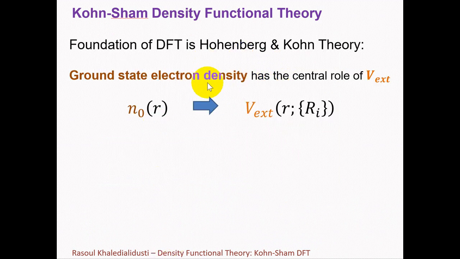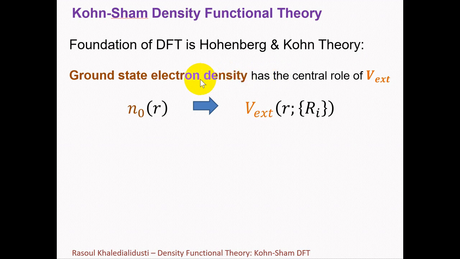Well, as we already know, Hohenberg and Kohn theory is a foundation of density functional theory that we are going to apply for electronic structure calculations. Based on this theory, the electron density has the fundamental and central role that the external potential has had in the way we have been doing quantum mechanics.